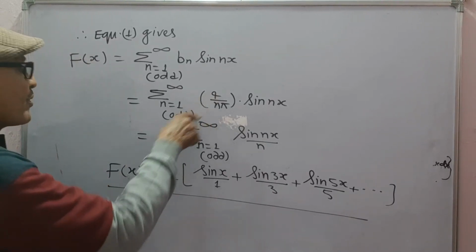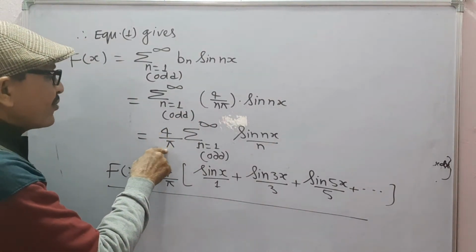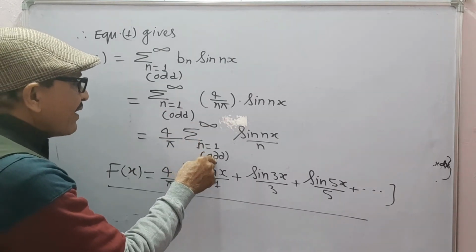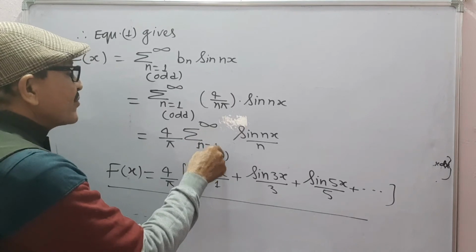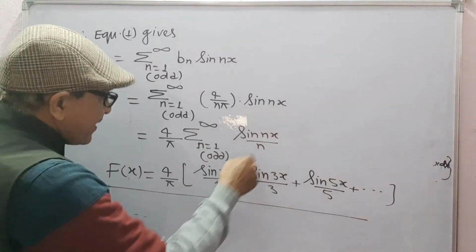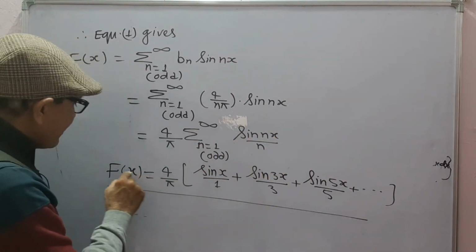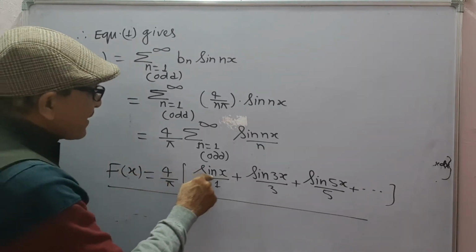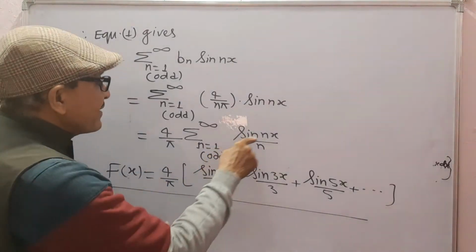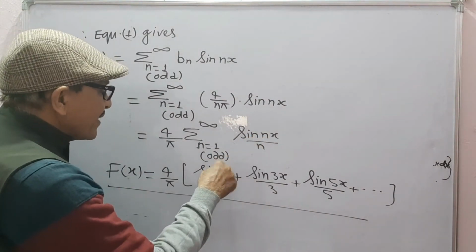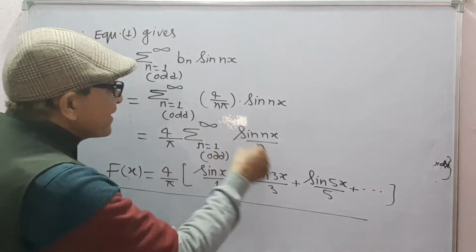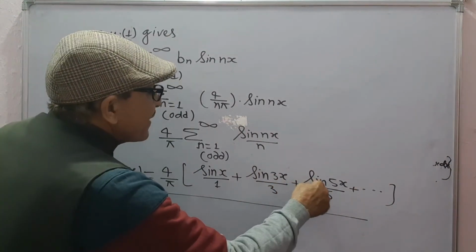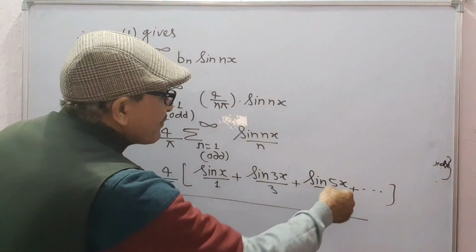This is 4 upon pi, which can be taken out of summation, odd n to infinity sin nx upon n. Now f(x) is equal to 4 upon pi: when n is 1, sin 1x upon 1; when n is 3, sin 3x upon 3; when n is 5, sin 5x upon 5.